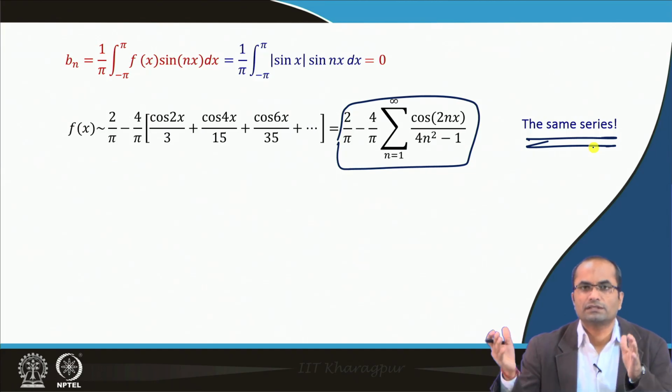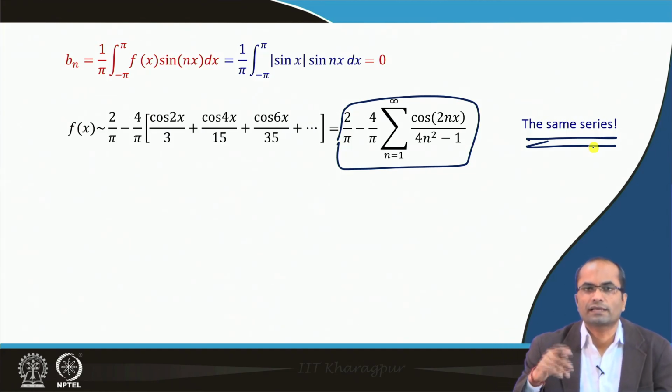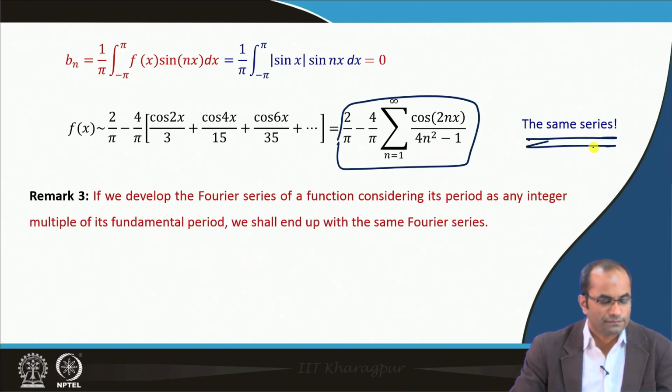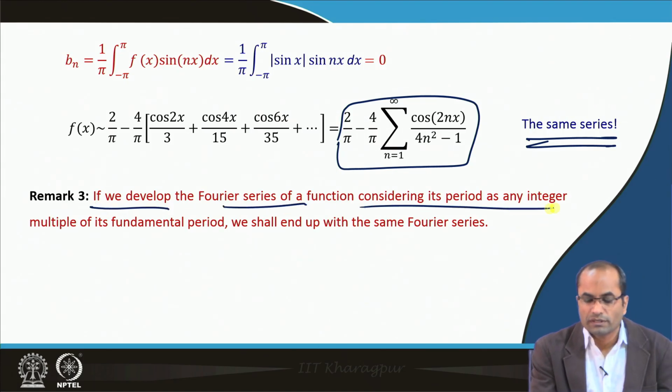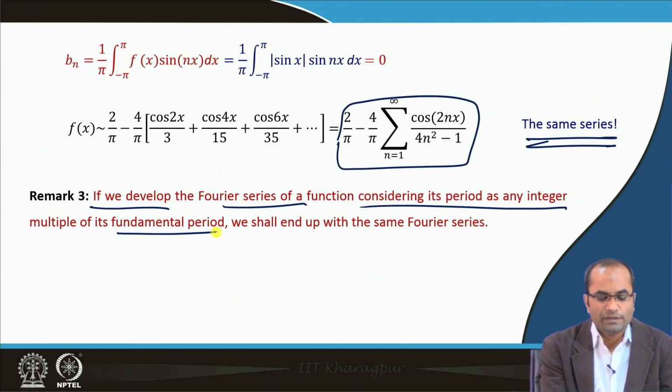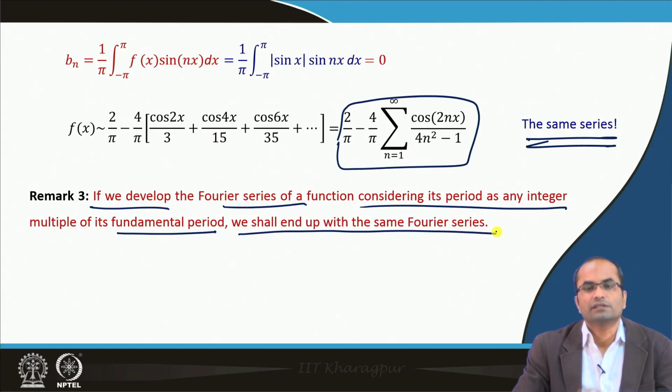It is just taking the extra length with this repeated behavior of the function. So, if we develop the Fourier series of a function considering its period as any integer multiple of its fundamental period, we shall end up with the same Fourier series. That is the conclusion, and we have demonstrated it from this example.